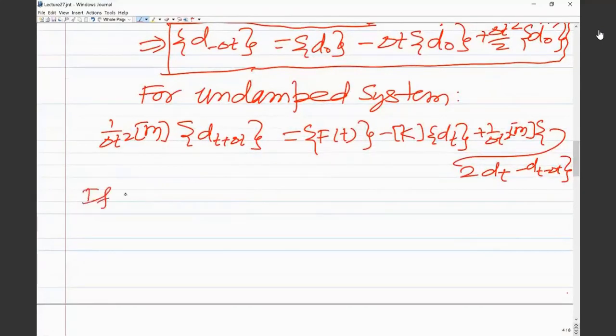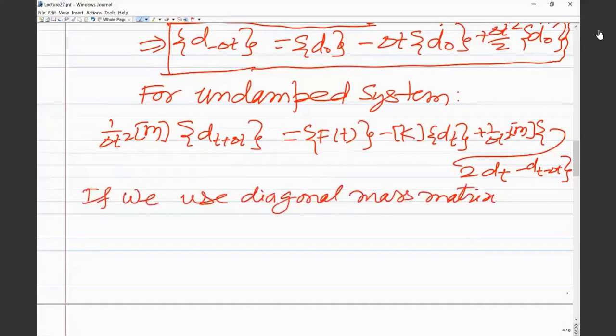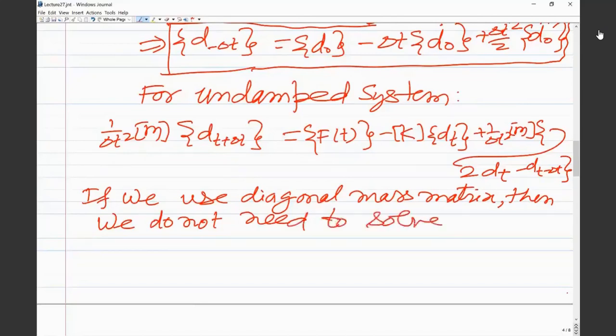So if we use a diagonal mass matrix, we do not need to solve simultaneous equations together.